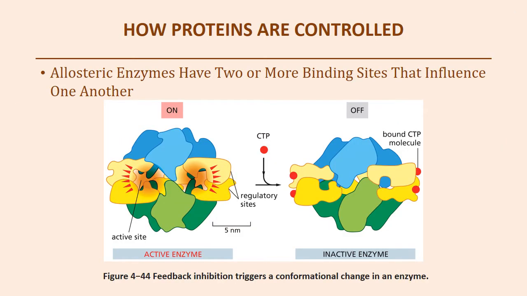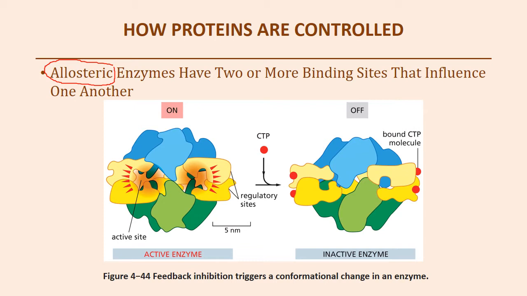Another way that proteins can be controlled is when we look at their overall formation of binding sites. We see that many enzymes can be labeled as allosteric enzymes. Allosteric means other shape, and it comes from the fact that when they were doing research to figure out exactly how enzymes can be turned on and off, they noticed that a lot of enzymes, if not most, have actually two binding sites.